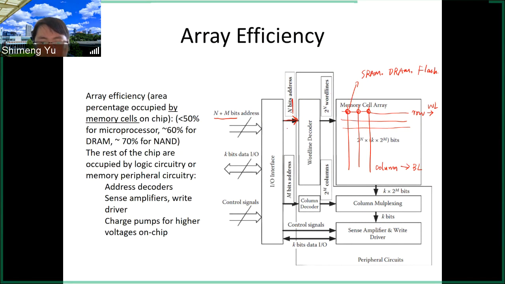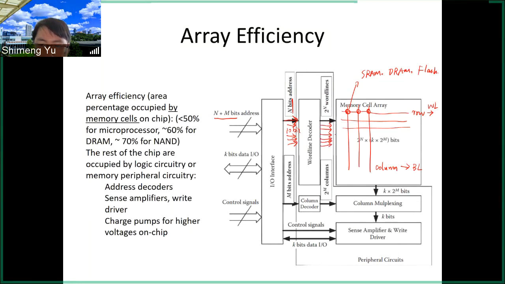For example, if it's 10 bits input as a row address, so that means you have 10 inputs here, and then the output will be many. How many?